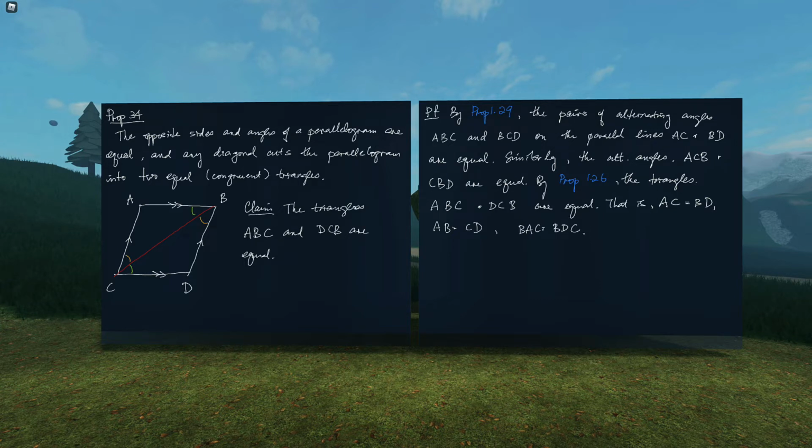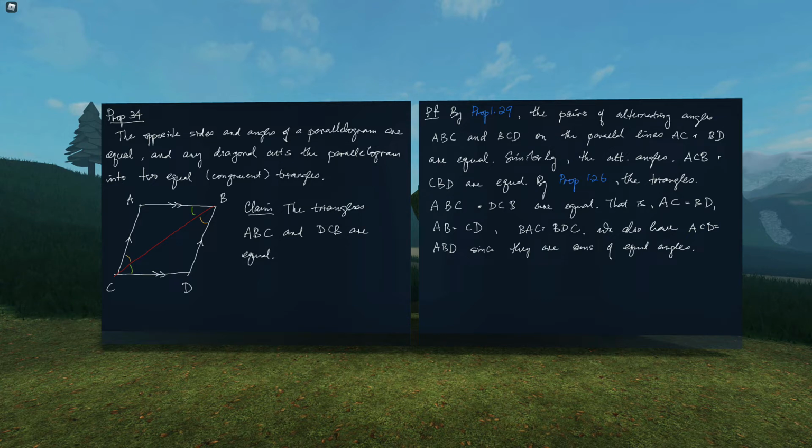And so we also have, right, ACD is equal to ABD, since they are sums of equal angles. This is probably not the best way to say this.